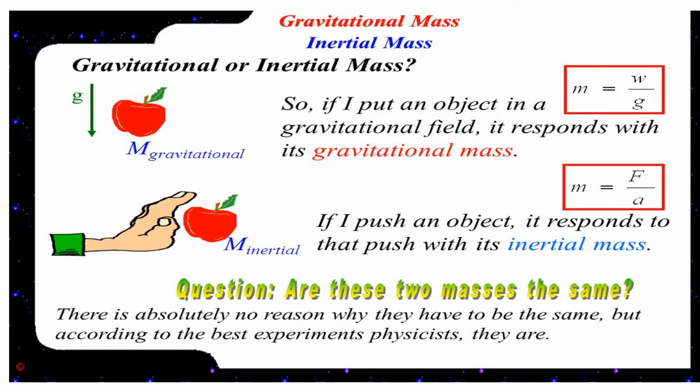If there is an apple of mass m and the gravitational force is applied on it, then the mass is given by m equals W by g. If we put an object in a gravitational field, it responds with its gravitational mass. And if a similar apple of mass m is subjected to an acceleration a, then it responds to that push with the inertial mass, given by m equals F over a.